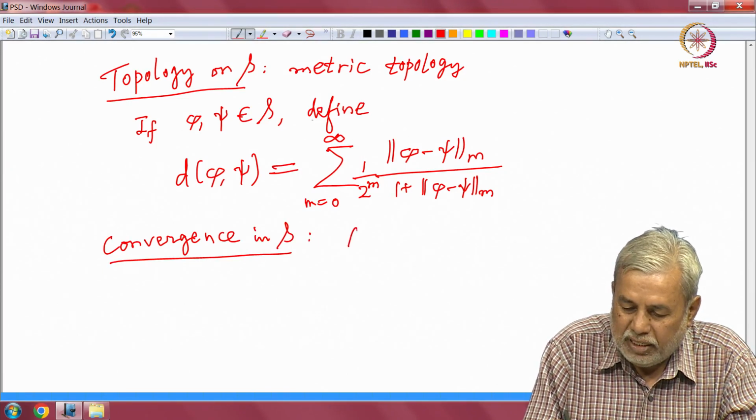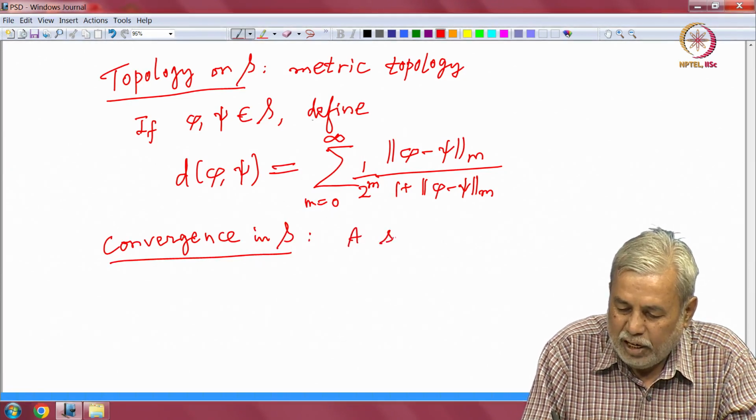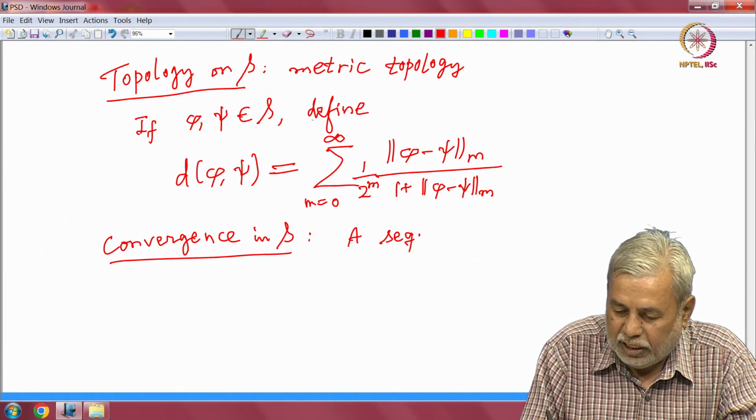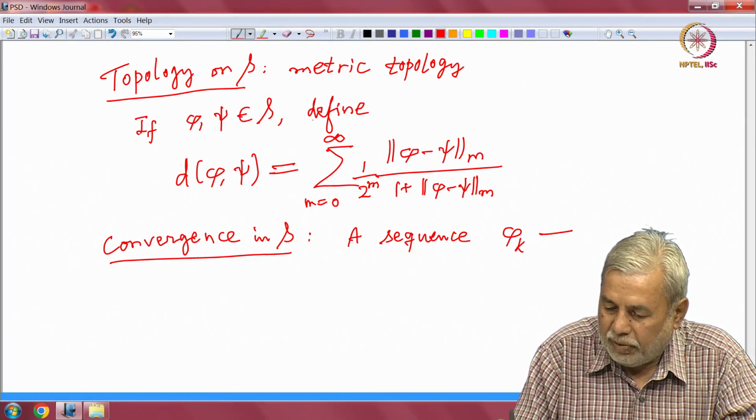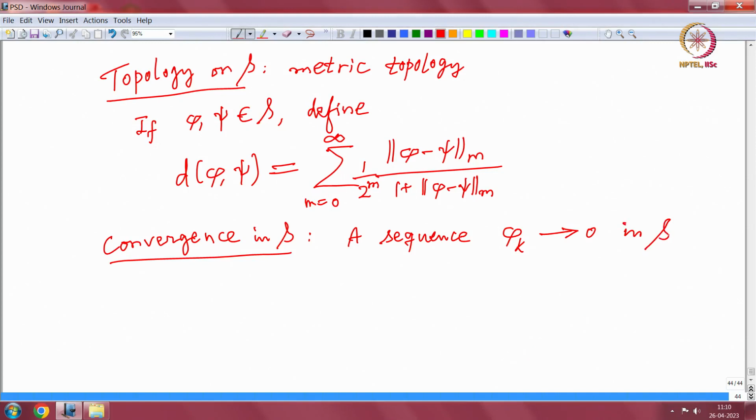So, again by linearity, it is sufficient to discuss convergence of a sequence converging to 0 in S, that is important, if and only if, because of that metric topology, this phi k in the norm m tends to 0 as k tends to infinity.